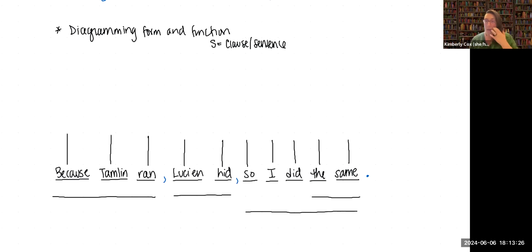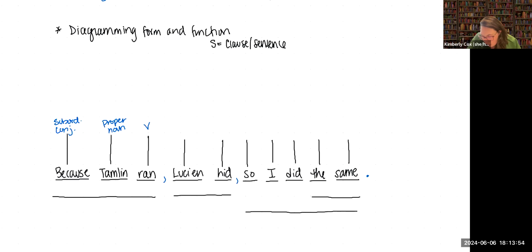So the first step and the reason for this type of diagram, the form function tree, is to identify the form that all of these words take. So because is a subordinating conjunction, right? Tamlin is a proper noun. Ran is a verb.